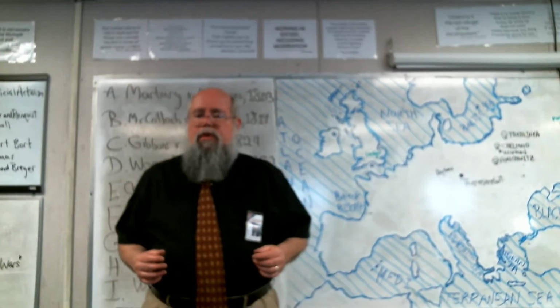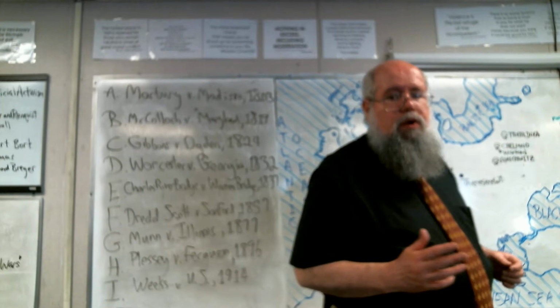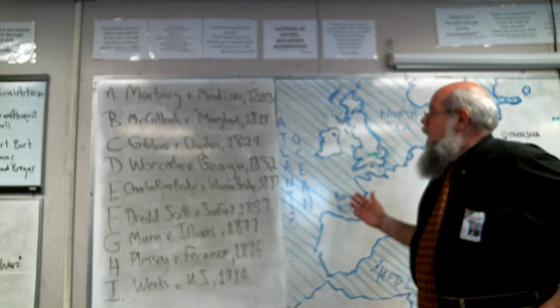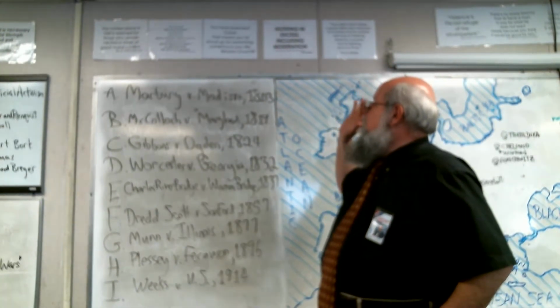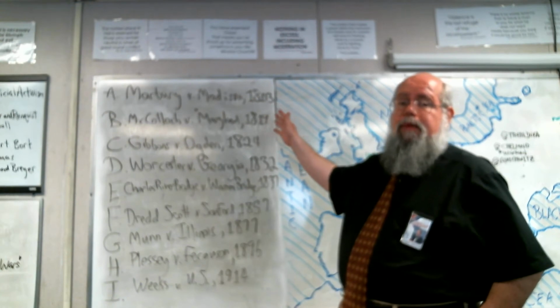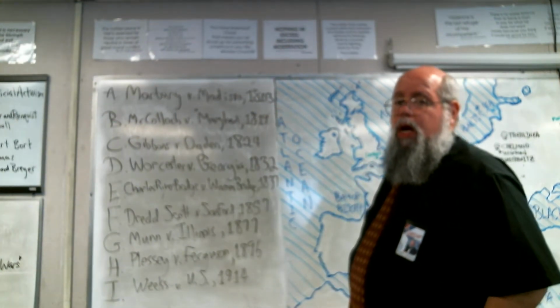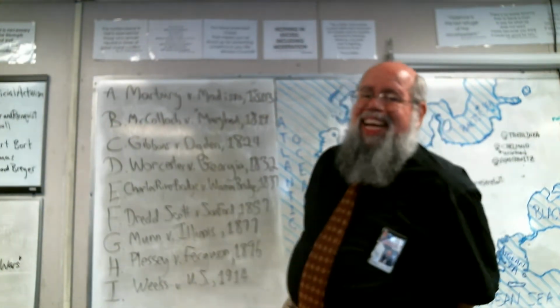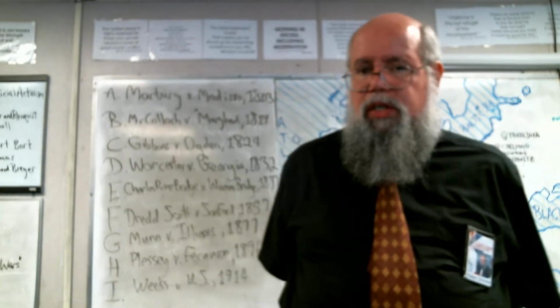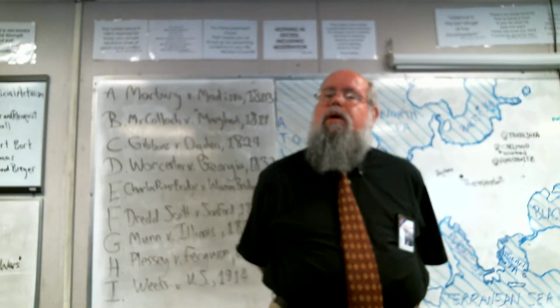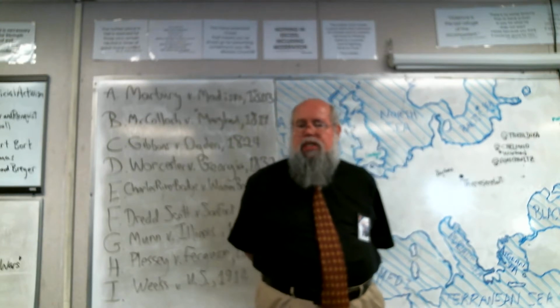Looking at the key Supreme Court decisions over the years, we have, starting out, Marbury versus Madison in 1803. There was a question late in the John Adams administration, just before the power was going to be turned over to Thomas Jefferson.